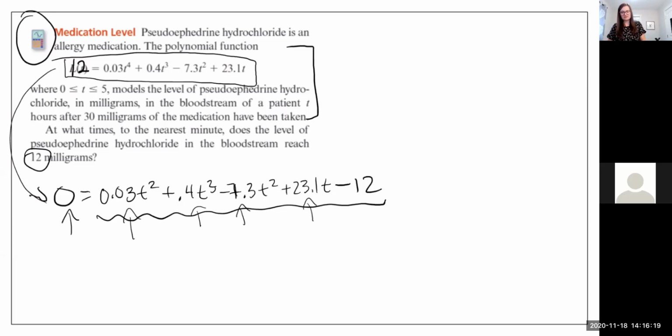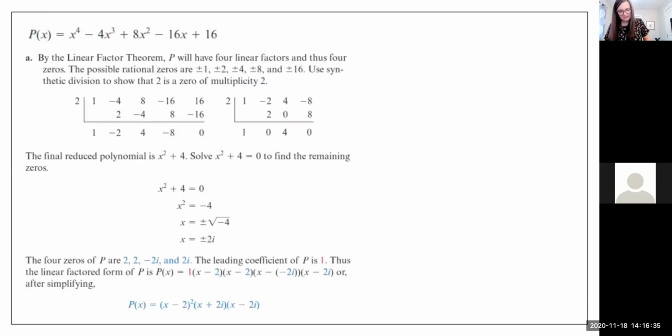Okay, so I didn't show the complex examples, but it really is the same process. I'll throw this into the slides where it gives an example of one that has complex numbers. So they do all these processes.